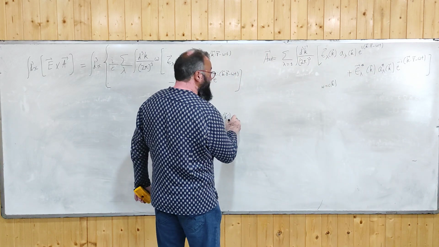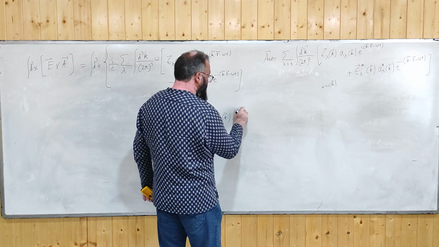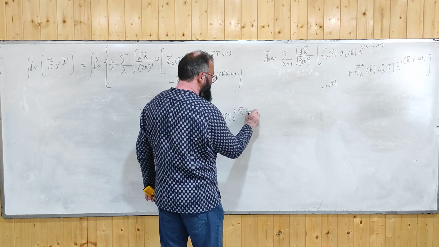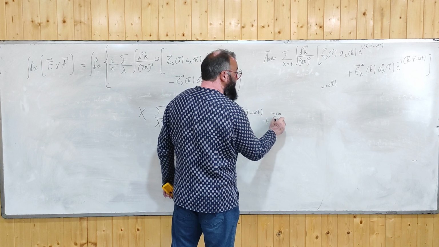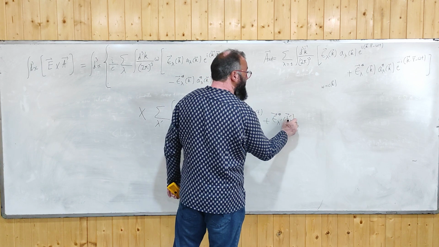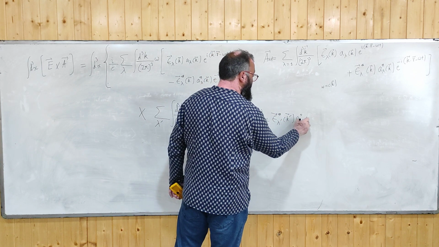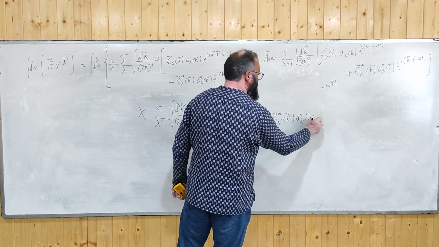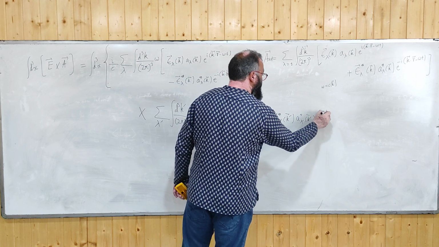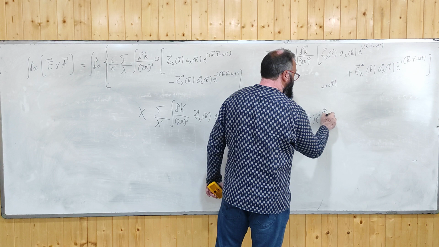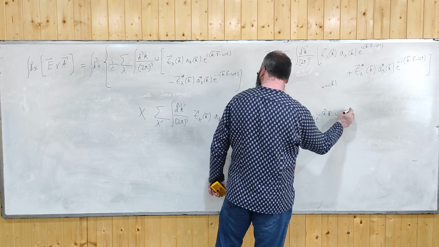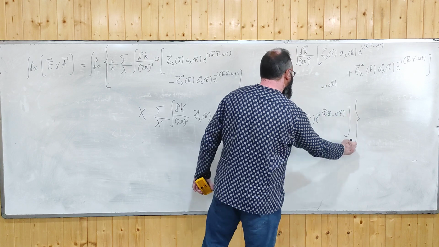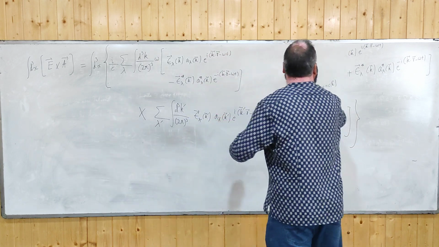Then you are having e raised to i(k prime dot r minus omega prime t). Then you are having plus epsilon star lambda prime k prime, a star lambda prime k prime, e raised to minus i(k prime dot r vector minus omega prime t). So this is now the cross product between the two.